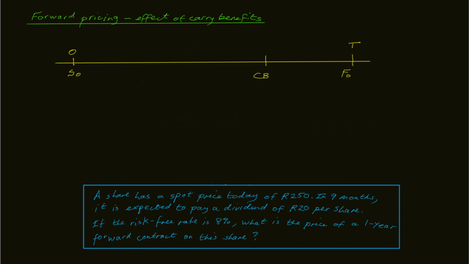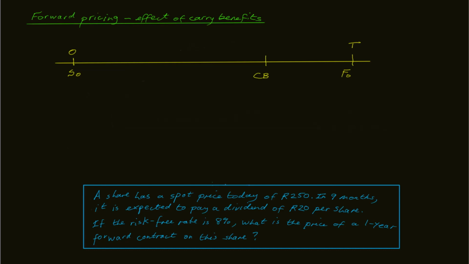The reason that the carry benefits reduce the forward price is fairly technical, not super complicated, but you would need to go through a complete arbitrage exercise in order to demonstrate properly why the carry benefit, either the dividend or the coupon, must be taken into account as a negative.